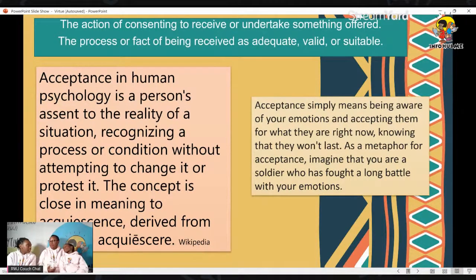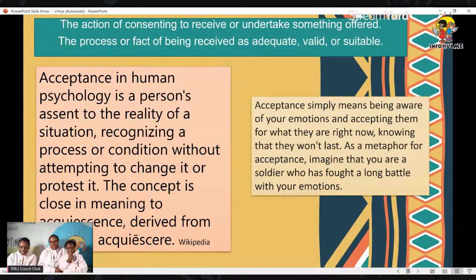I accepted who I was, and I didn't want others to change me either, because that was what I was. I recognized the process and the condition without attempting to change or protest it. Then, over time, I've become a lady. I'm still a tomboy lady. So I didn't attempt to change or protest it.